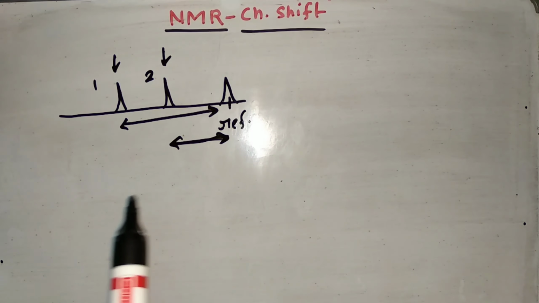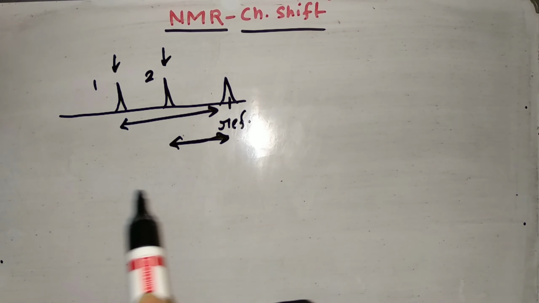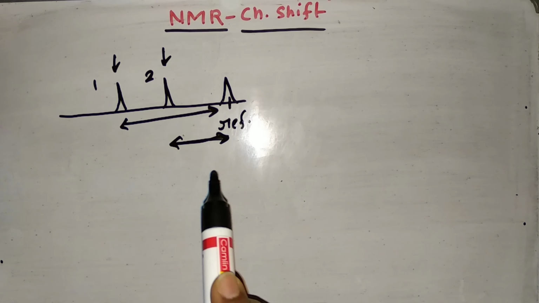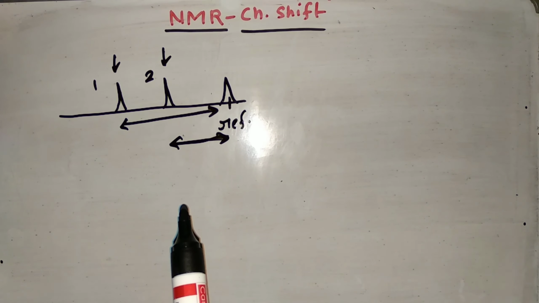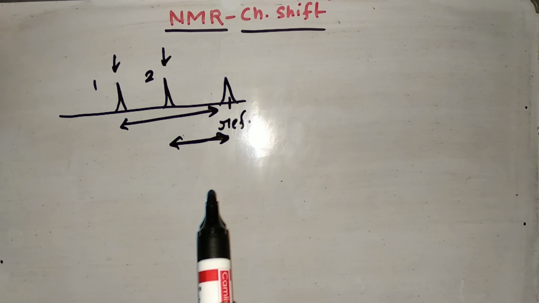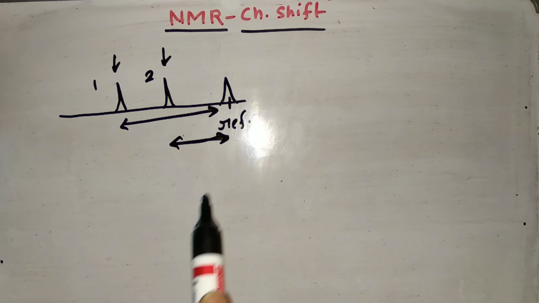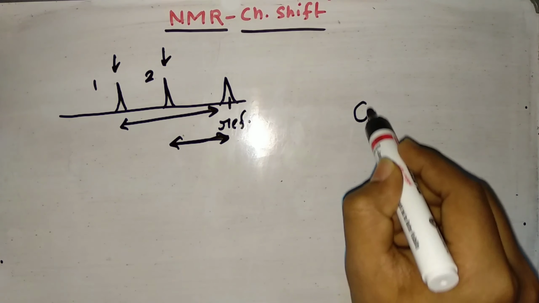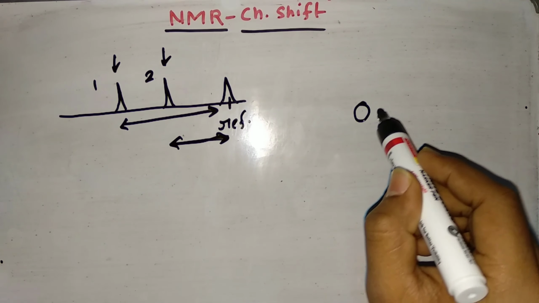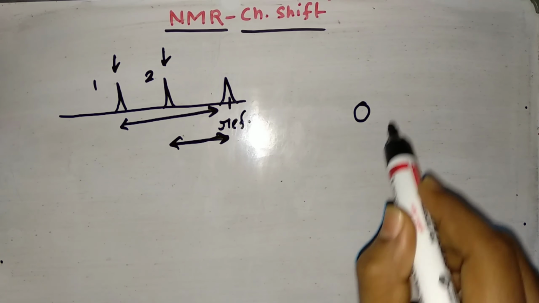So this is all about the chemical shift, and let's discuss the different effects, different terms, or how the chemical shift term evolved. So what are the bases of chemical shift? To discuss this, let's take a nucleus, and around the nucleus a lot of electrons are revolving.